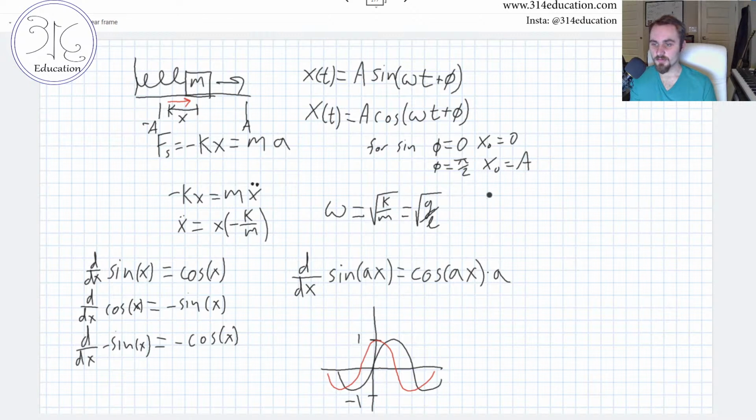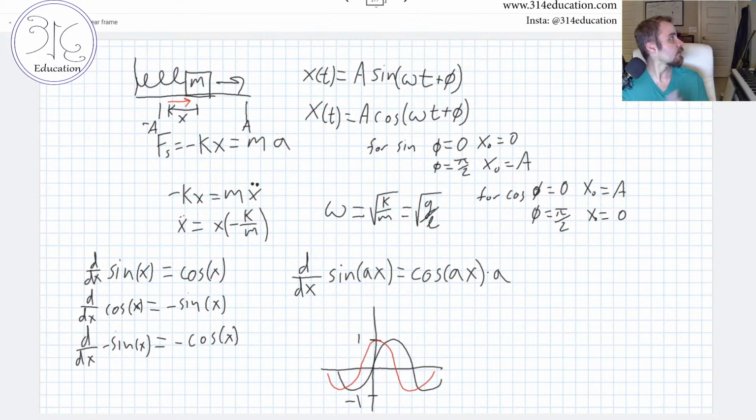Then for cosine, this flips. We want phi to equal 0 when x is equal to our amplitude, and we want phi to equal pi over 2 when we want x to go back to 0.